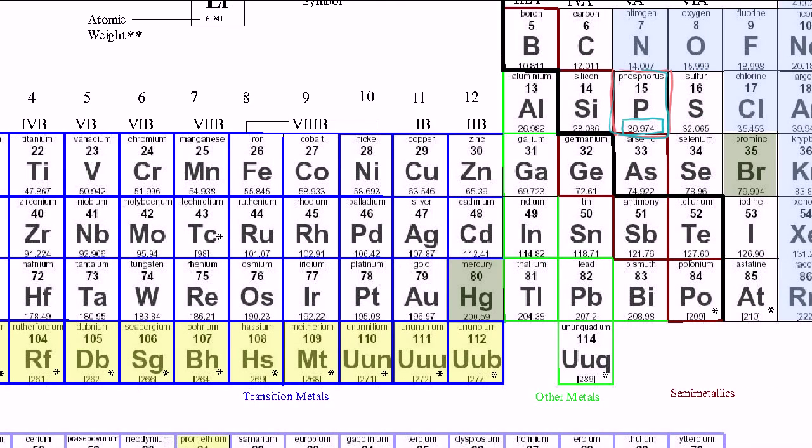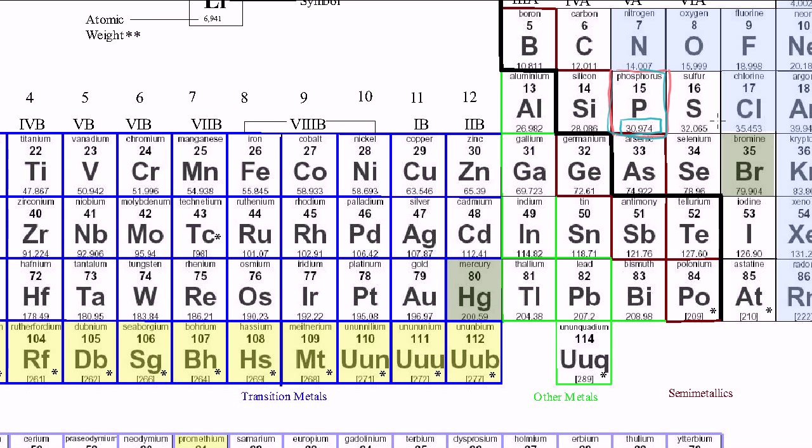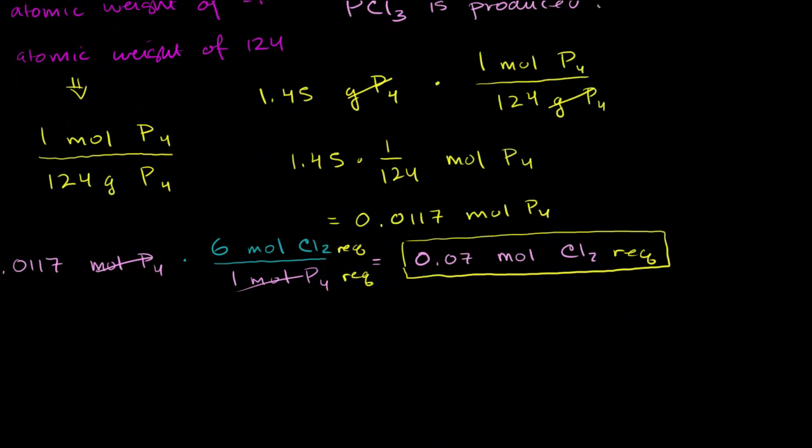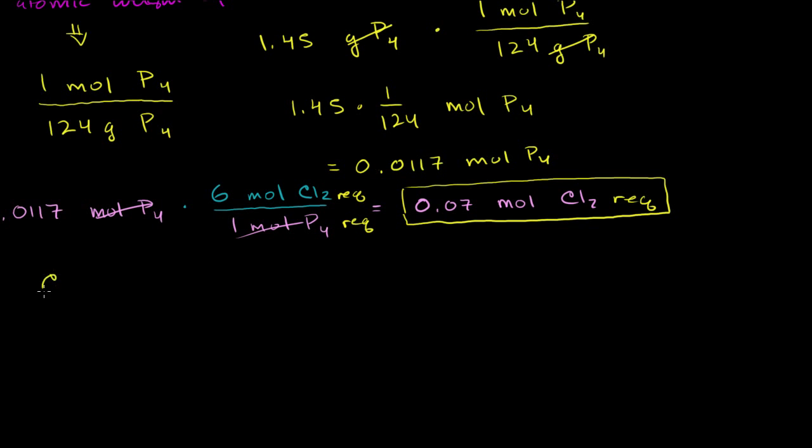This is a super huge periodic table. Chlorine right here has an atomic weight of 35.453, the weighted average of all of the isotopes of chlorine on Earth.